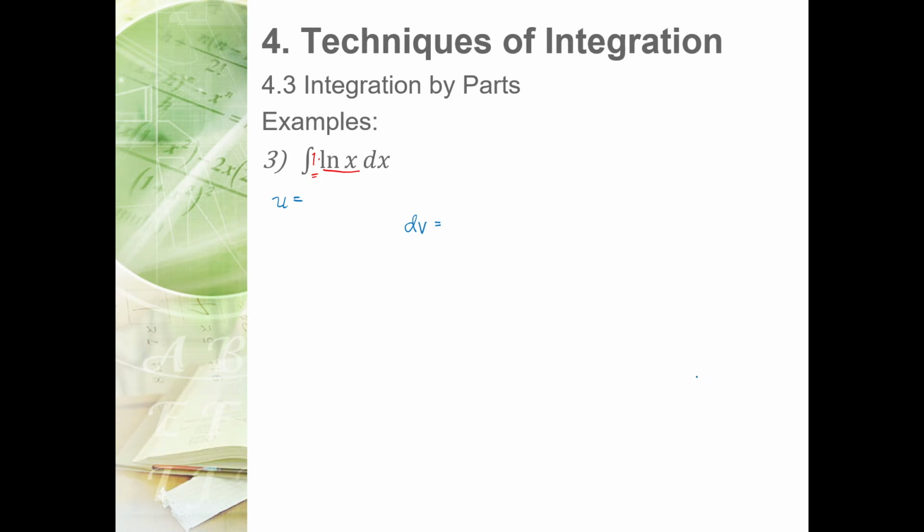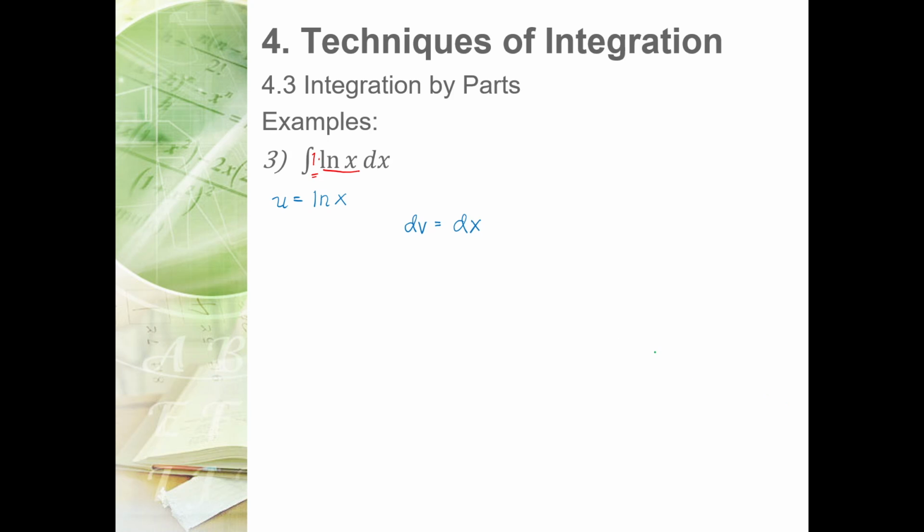So we place ln x in u instead, because we can easily derive this one. This becomes du over u, so this one is dx.